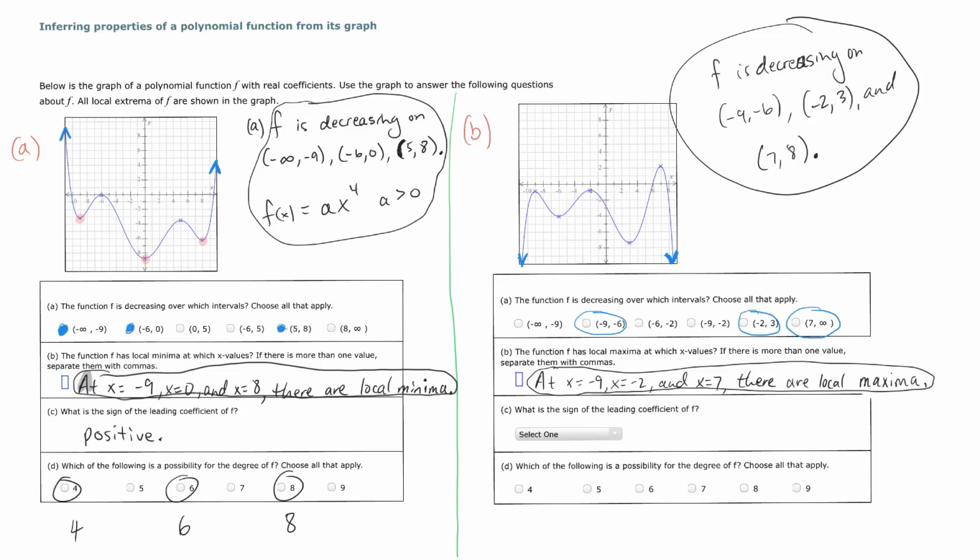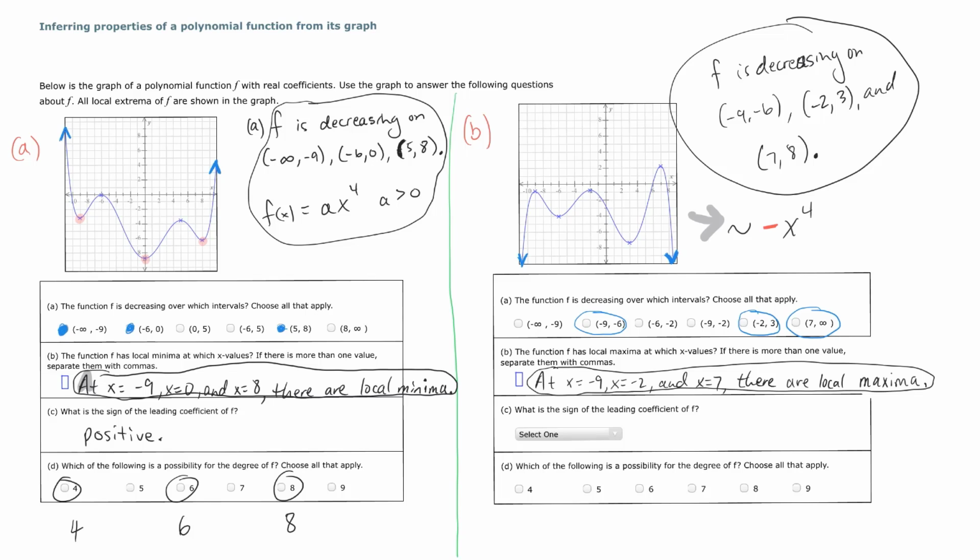What is the sign of this leading coefficient? We're on part C. Well, this actually looks like an opposite of x to the 4th. Oops, that's not the opposite symbol. Meant to write the similar symbol first, and then we have negative, or the opposite of x to the 4th.